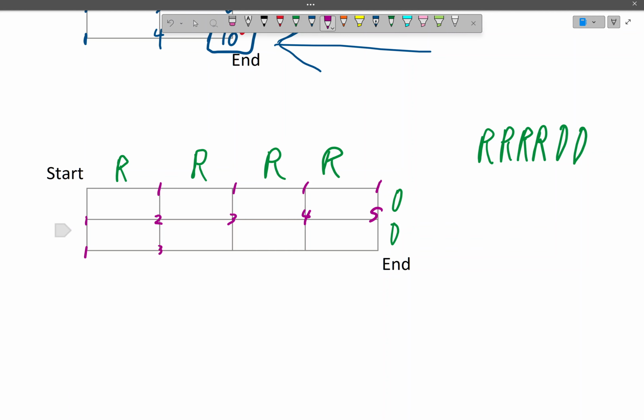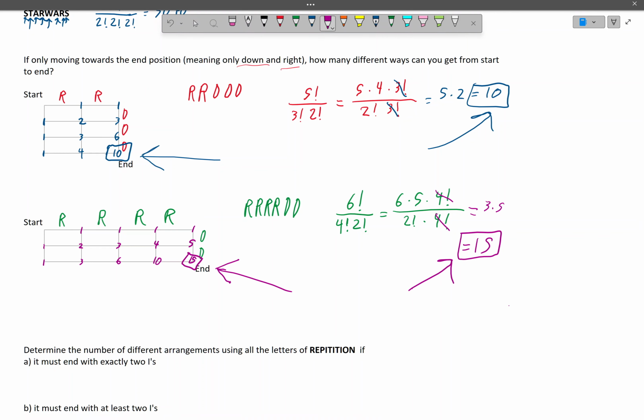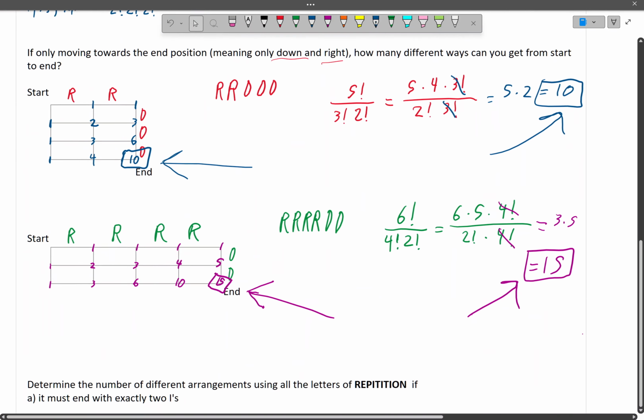This is 3, 6, 10, 15. And again, it works just the same as before with 2 possible answers. I like to think about this as a letter question, but showing it the other way is kind of a cool way of looking at it as well.